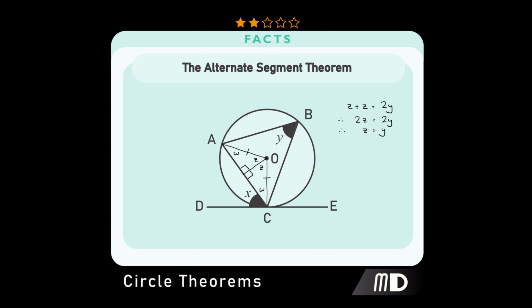We also saw that angle OCD is 90 degrees. So, that means that angles X plus W must also equal 90 degrees.